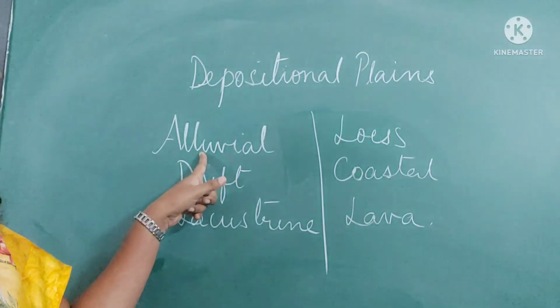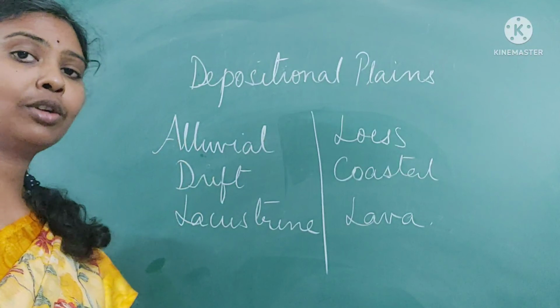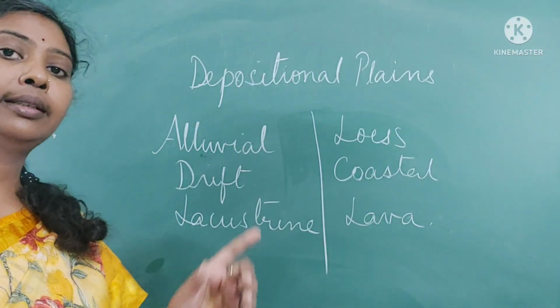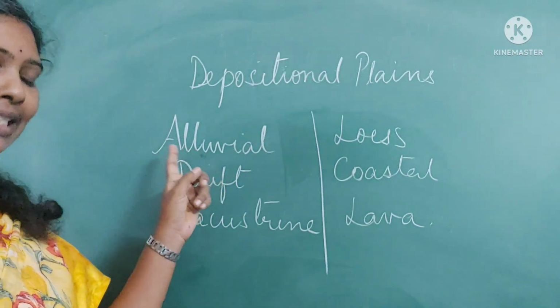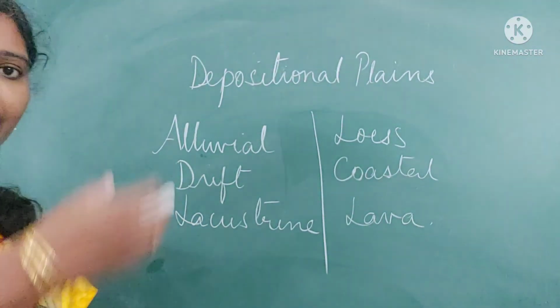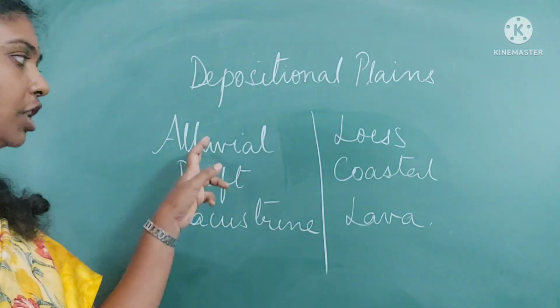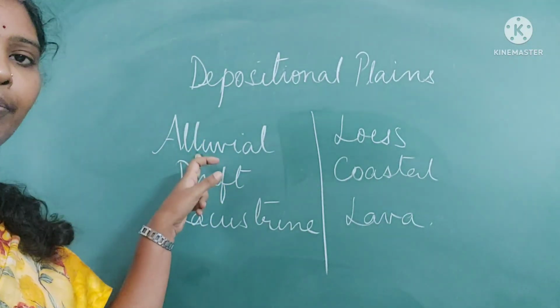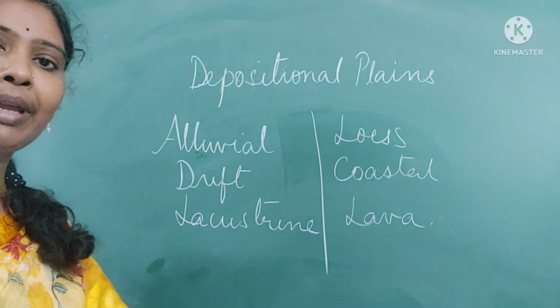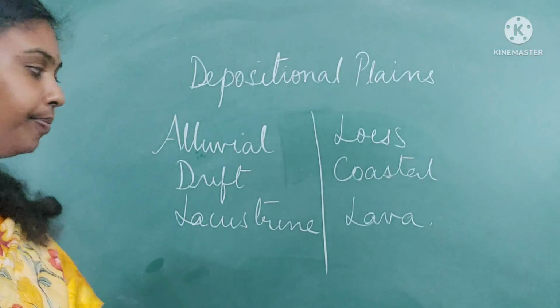First one is the alluvial plains. Normally we see this type of plains only. In case of alluvial plains, the depositional work is done with the help of rivers. Rivers bring in all sediments and they deposit. The best example of alluvial plains is the Ganga Brahmaputra plain.